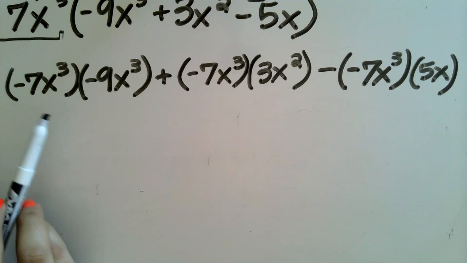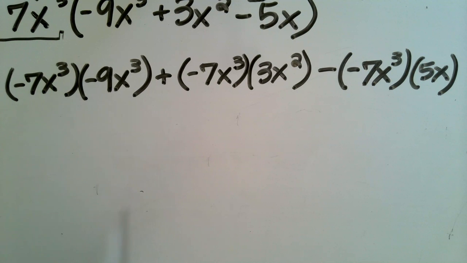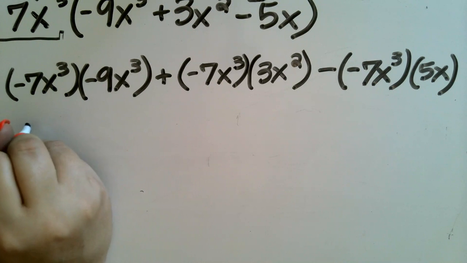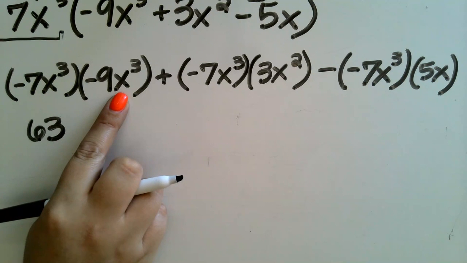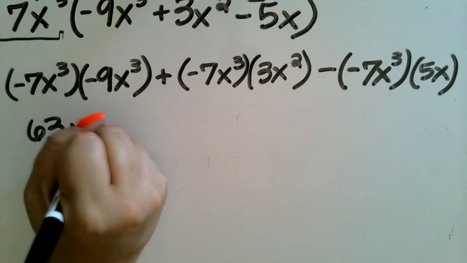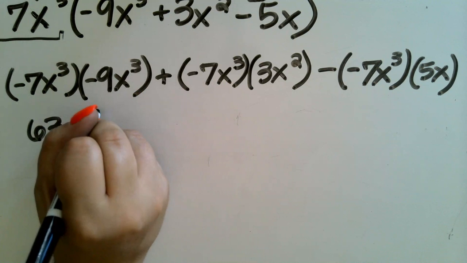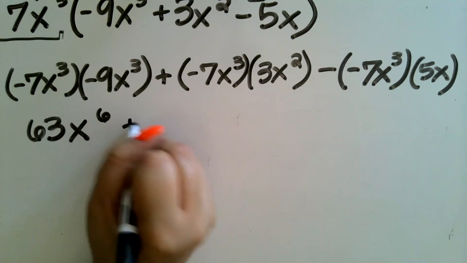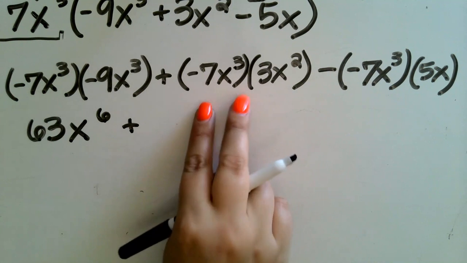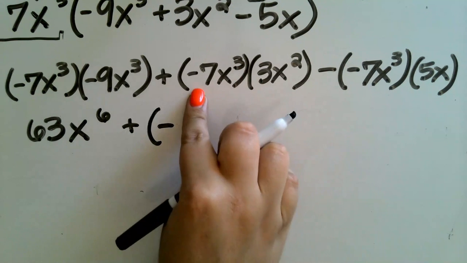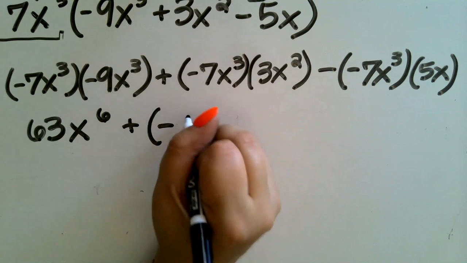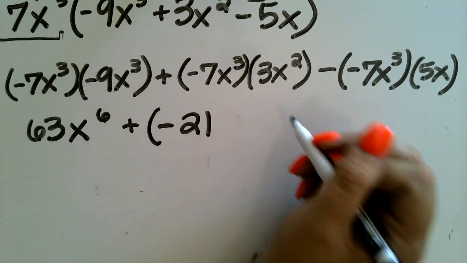First set of expressions, let's go negative 7 times negative 9 is a positive 63. Using our product rule, x to the third times x to the third. 3 plus 3 is 6. Plus, now I already know that I'm going to have to deal with a negative here. Negative 7 times a positive 3 is a negative 21.